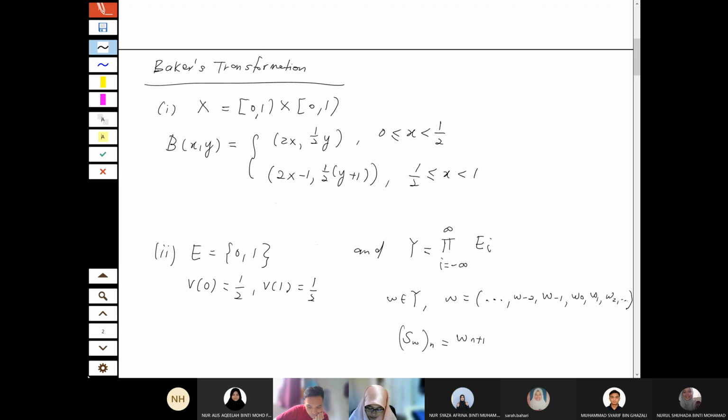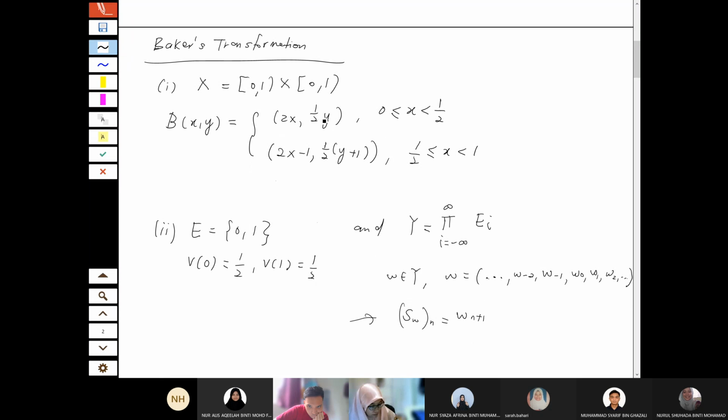If we apply the transformation here, it is like shifting. Next. Questions so far? No. Okay, it's just the introduction of another two transformations.